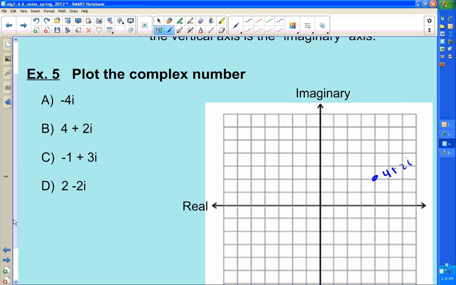Negative 4i. How would you write it as a true complex number? 0 minus 4i. Real part? 0. Imaginary? Minus 4i. So here's 0 on the real, down 4 on the imaginary. That's negative 4i.